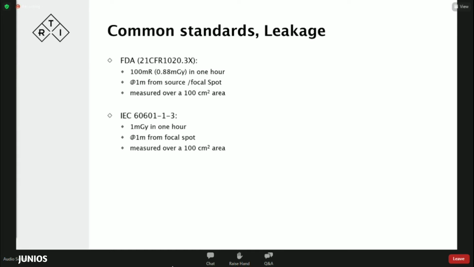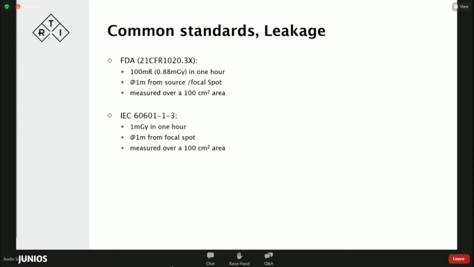Mostly, all around the world, we refer to the IEC standards, but there is also the FDA standards that we are familiar with. And if we look into these two standards, the similarity is that the leakage radiation should be measured at 1 meter from the source, from the focal spot of the tube, and it should be measured over a 100 square centimeter area.